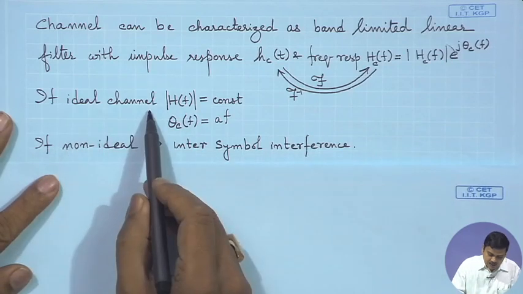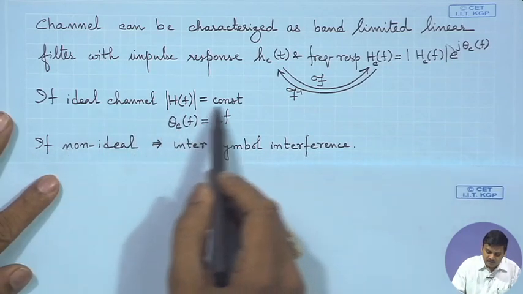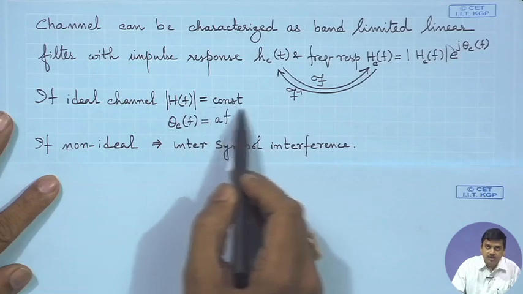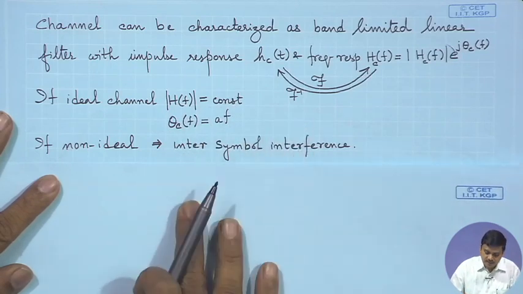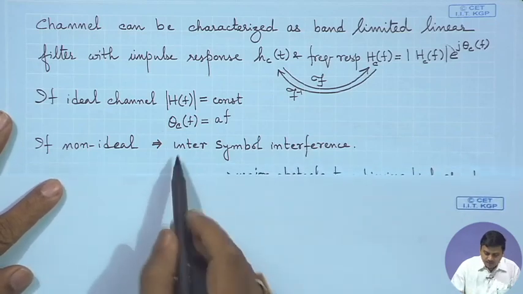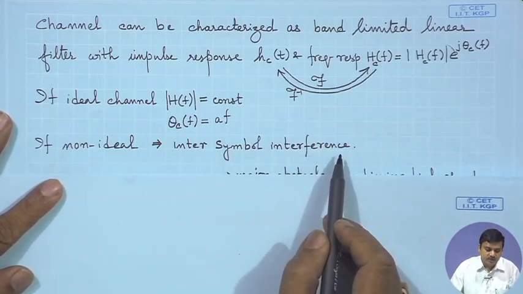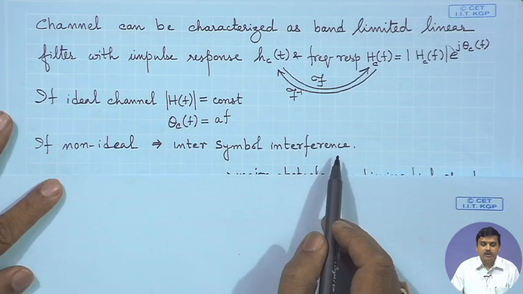If it is the ideal channel, we would say that the gain is constant and there is a linear phase associated with that, and if it is non-ideal, we would have intersymbol interference which we described through the impulse response diagram earlier.